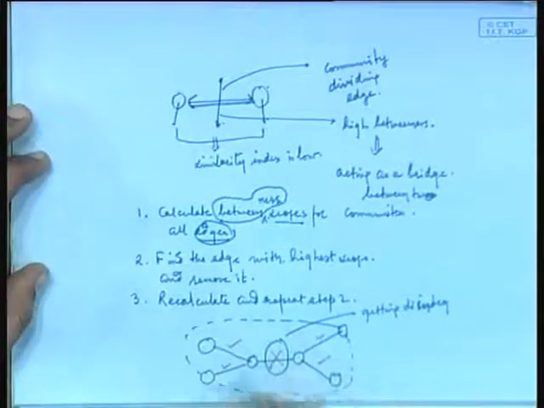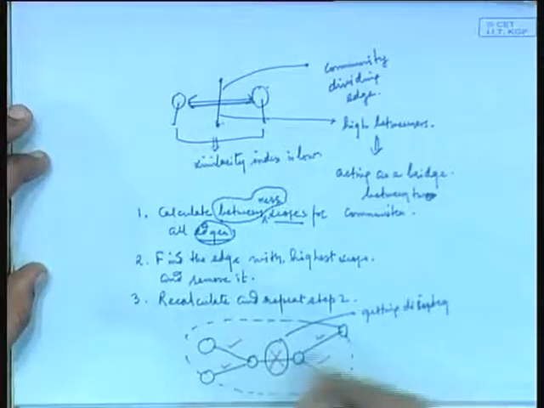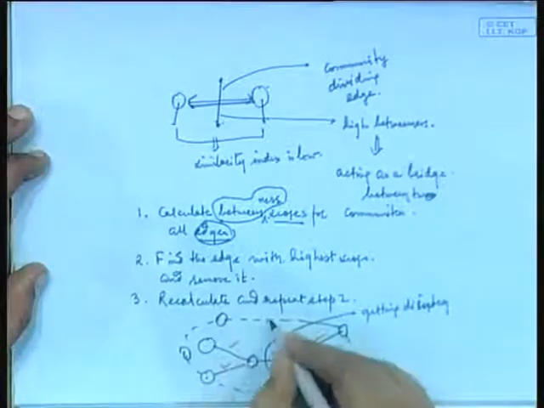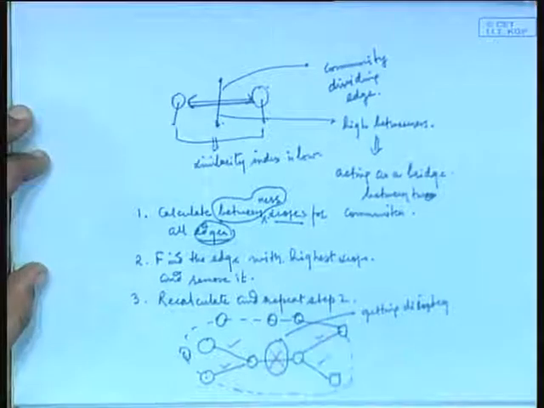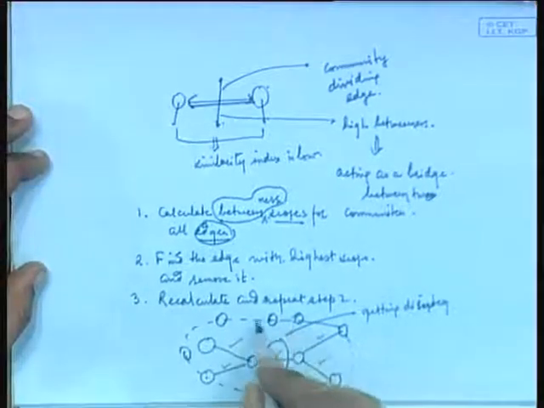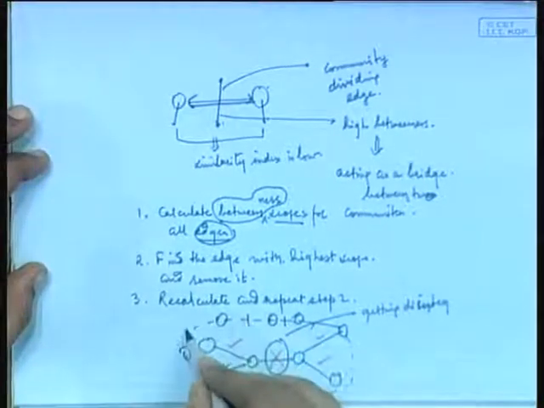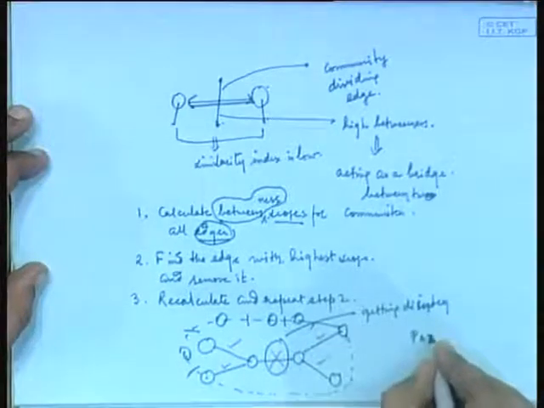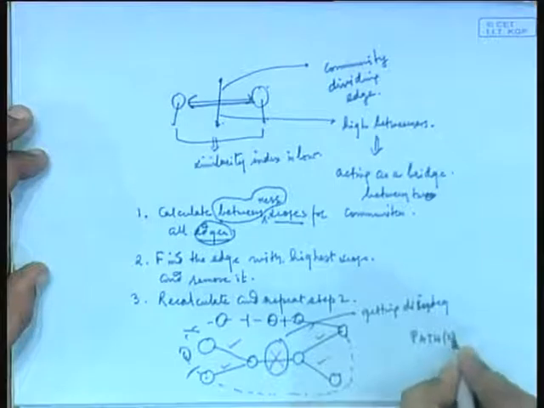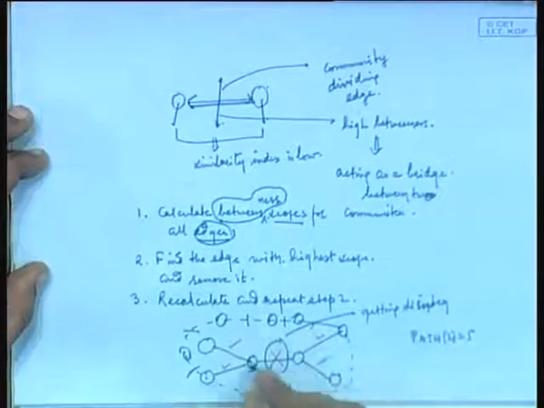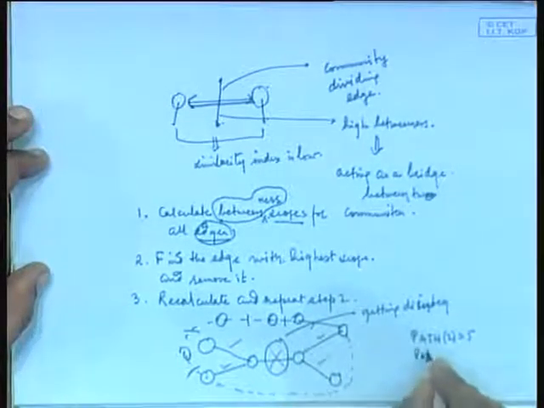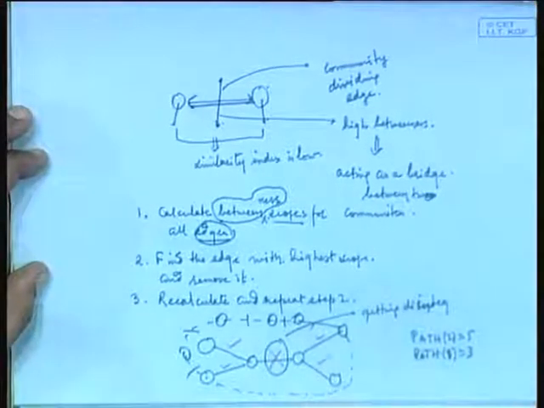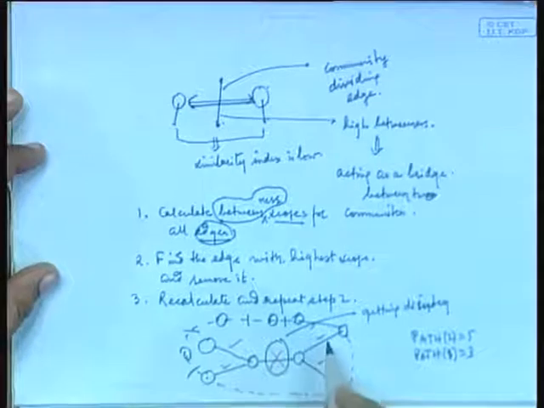There may be a route from here to here, say of length 5, while path 1 is of length 3.